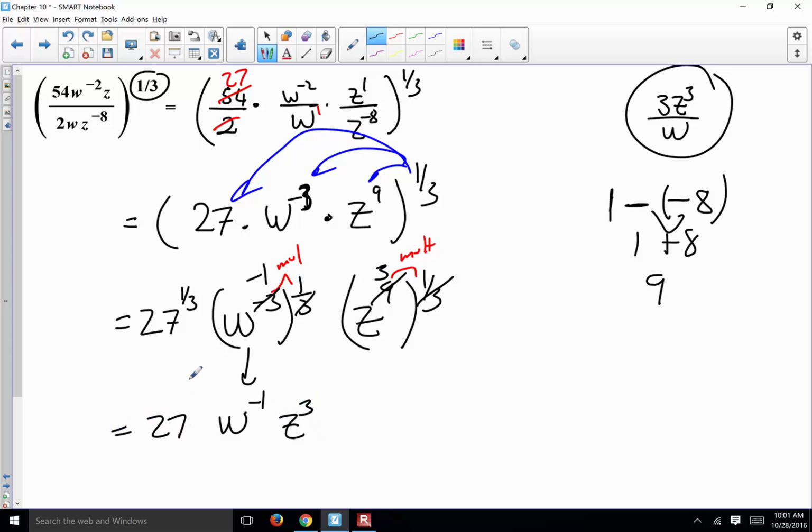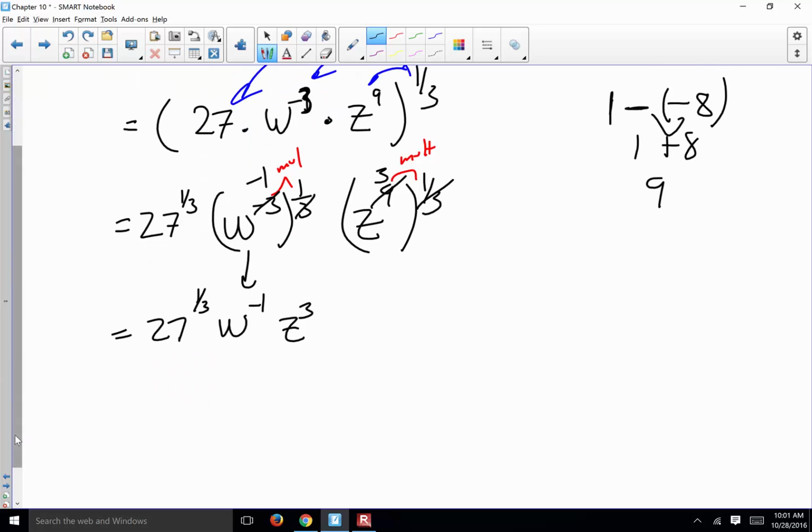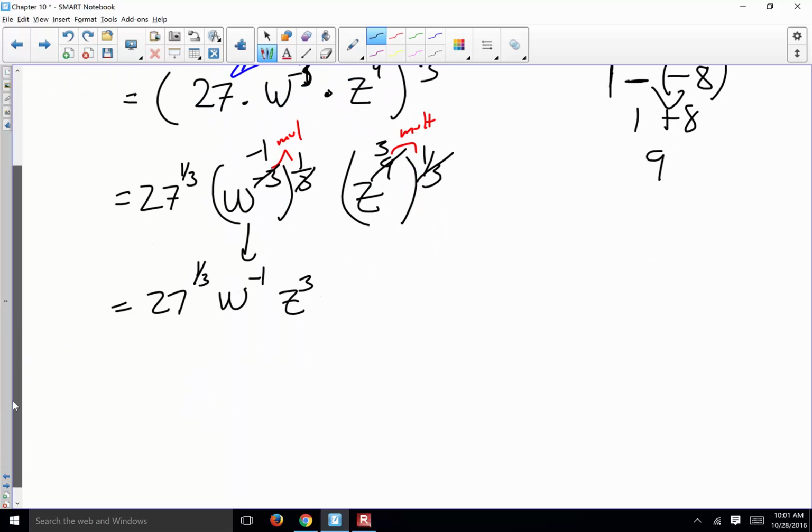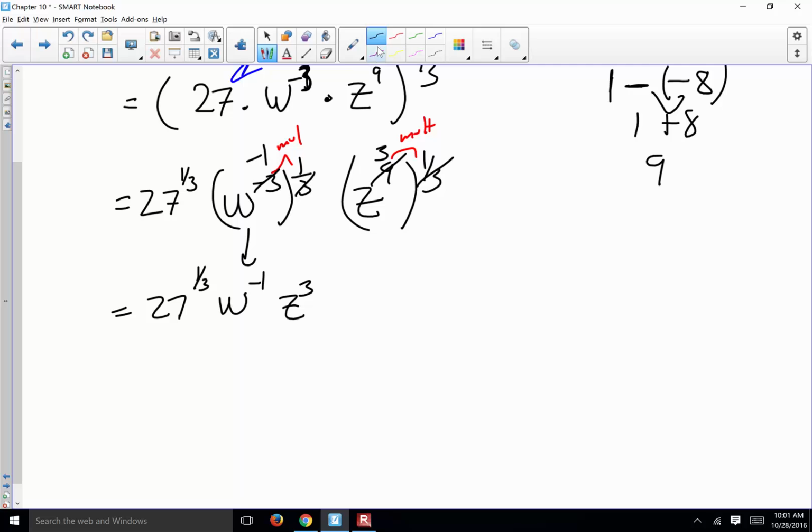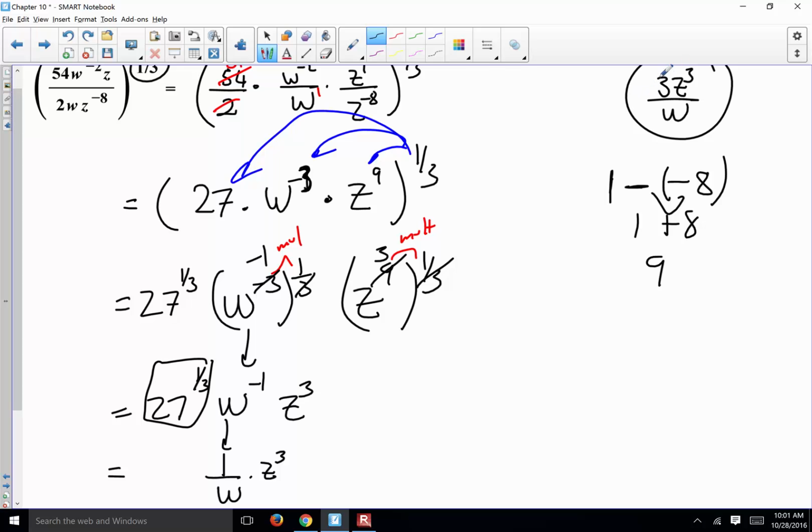Well, how did she get this answer? I got totally different. Who's right? Yeah, we first need to get rid of the negative 1 by putting this 1 over w. Okay, that's that part, I got it. But how did she get 3 in the answer?